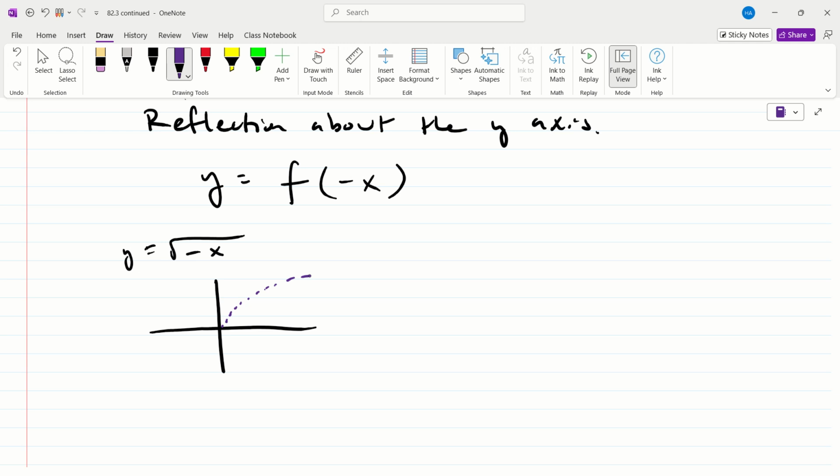And that negative in front of the x is going to take these points and reflect them about the y-axis. So if you were to fold your paper along that line, when you fold the paper, you're going to ask yourself, where are those points going to land on the other side? And they will land over here.